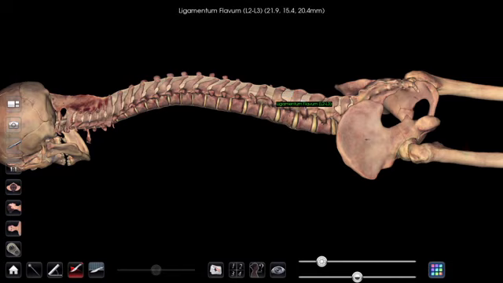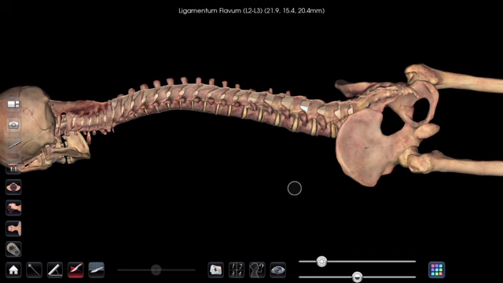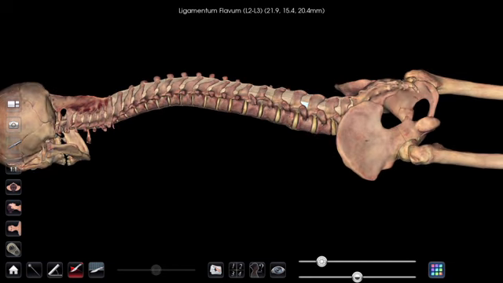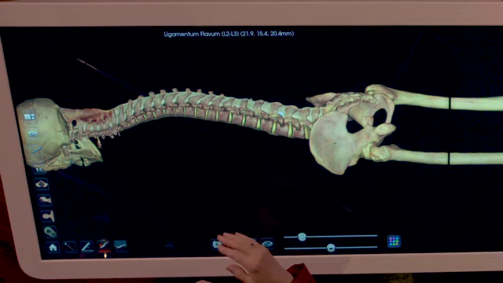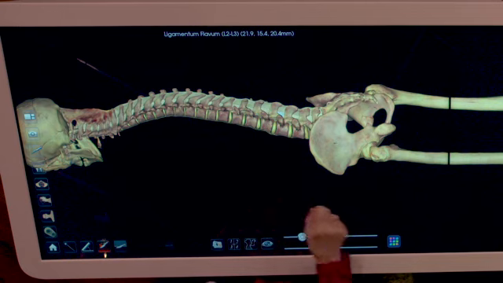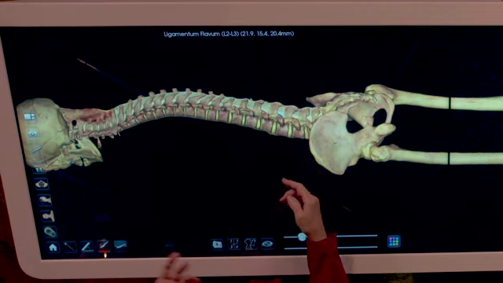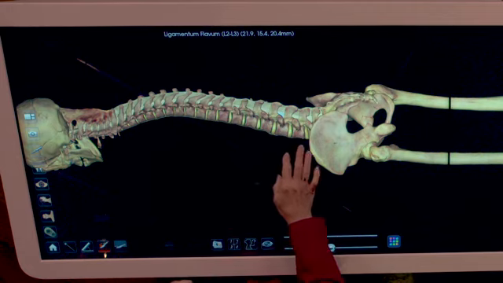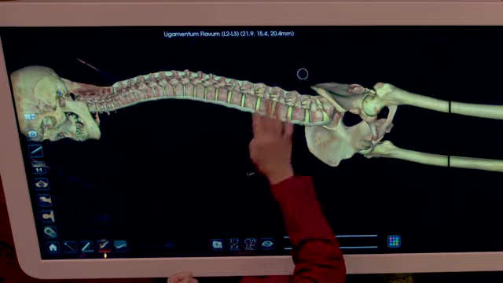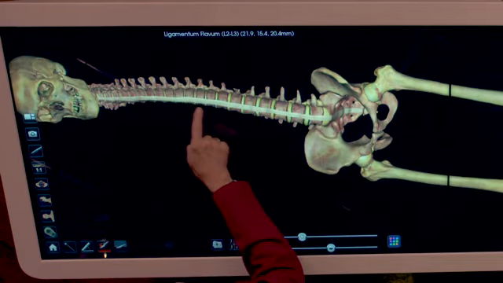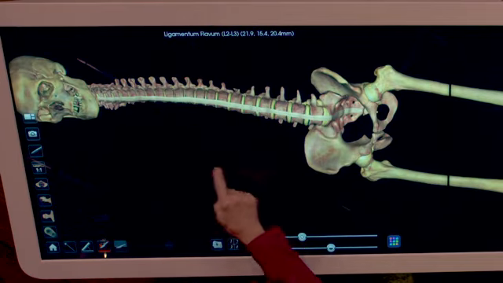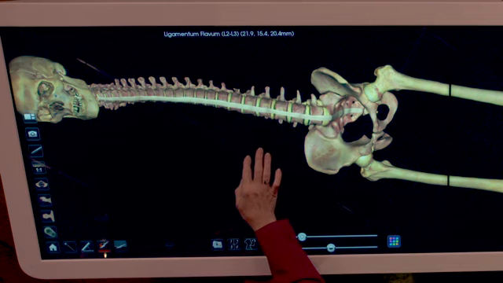And we can see ligamentum flavum. Again, each one is its own individual ligament. Now, ligamentum flavum is on the inside of the vertebral canal, whereas other ligaments are on the surface. For example, we can see from the front here, the anterior longitudinal ligament that runs down the length of the vertebrae.